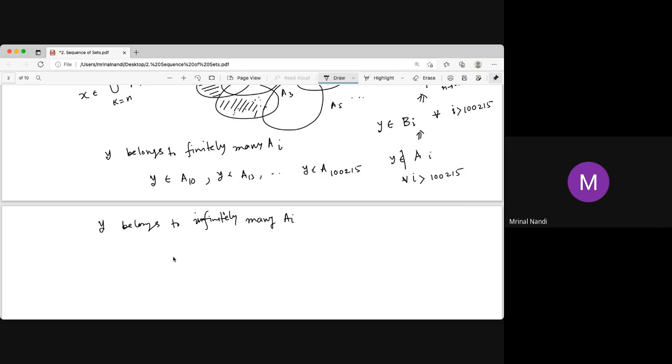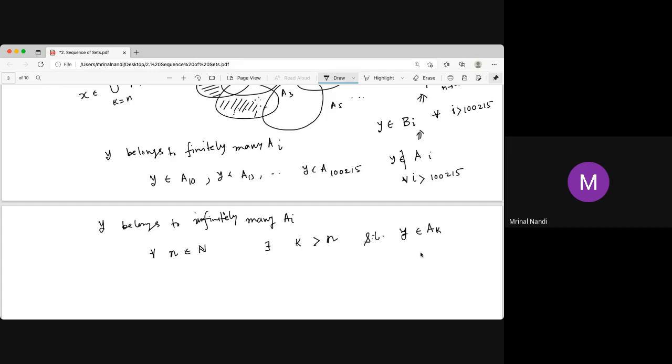So whatever n you take, for all n in natural numbers, there exists a k which is greater than n such that y belongs to that Ak, because it is in infinitely many.